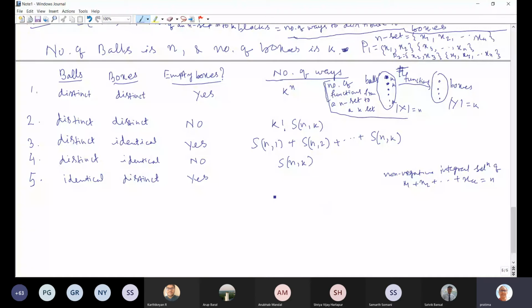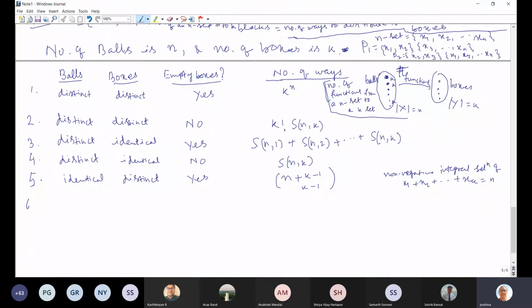This is exactly the case where some boxes may be empty. So therefore we get n plus k minus 1 choose k minus 1 as your answer. We have already discussed this.